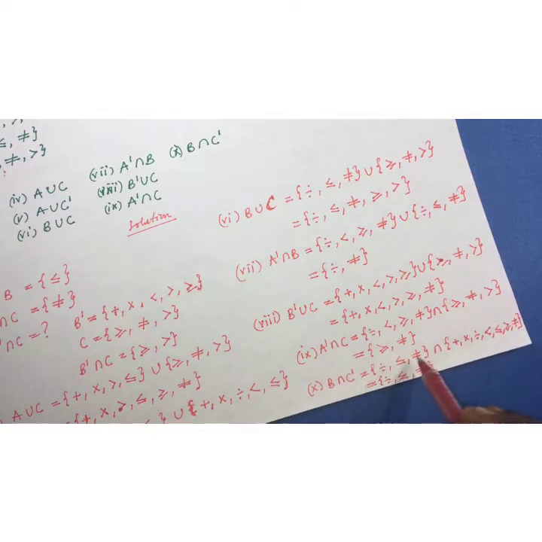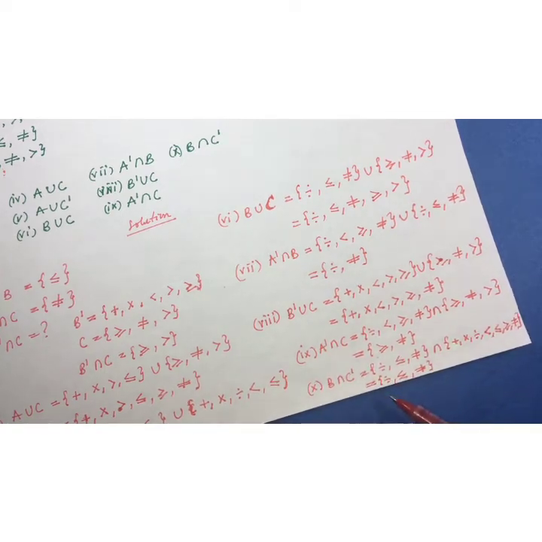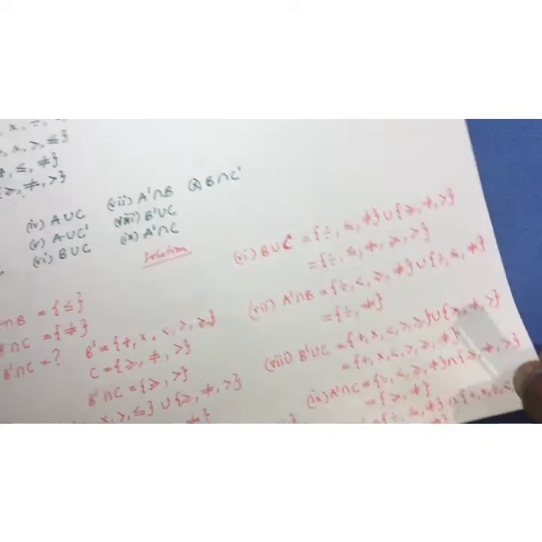So B is more or less a subset of C complement. Okay, so when you intersect a set with its superset, it will give you the smaller set, and that is what we have just shown here. So the intersection of B and C complement gives the set containing division, less than or equal to, and not equal to. And that brings me to the end of question 2.